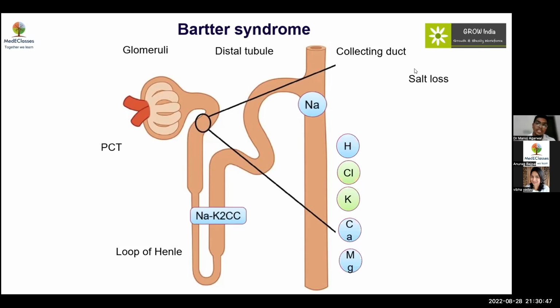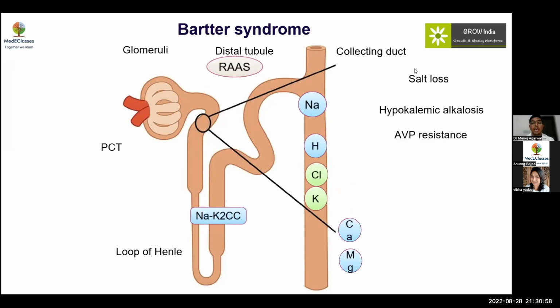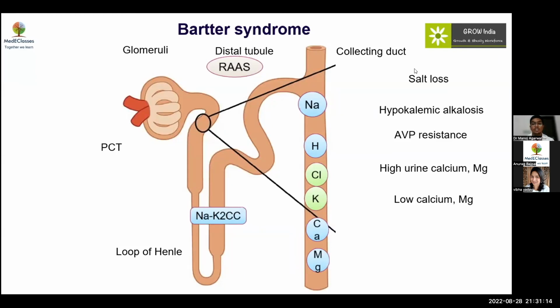So that means this patient may present with salt loss with hypokalemia, and due to the hypovolemia, there will be activation of the RAS axis, which causes the hypokalemia, and due to the AVP resistance, there will be polyuria, and there will be excretion of all positive ions from the urine, which causes nephrocalcinosis, low magnesium, high urinary calcium. So it causes the renal complication, and there will be low calcium and magnesium in the blood.